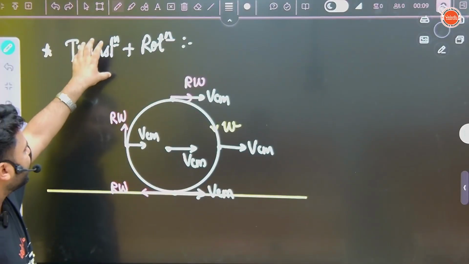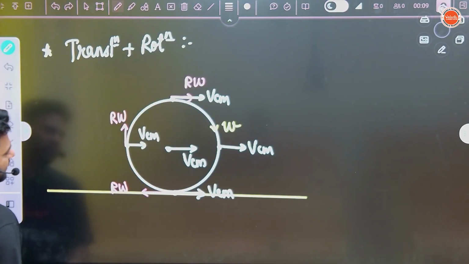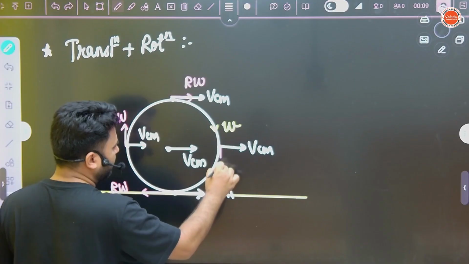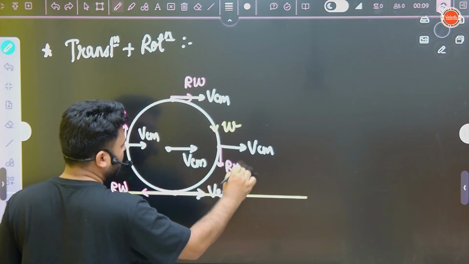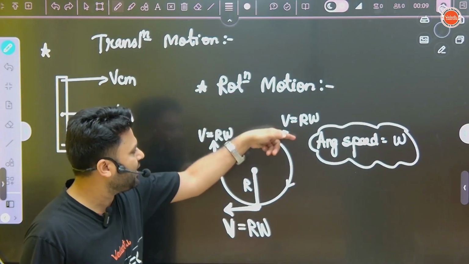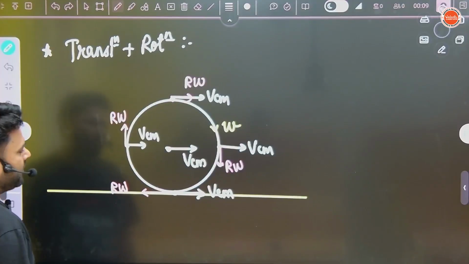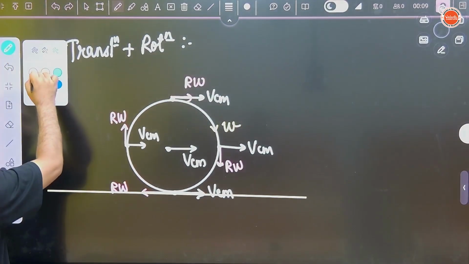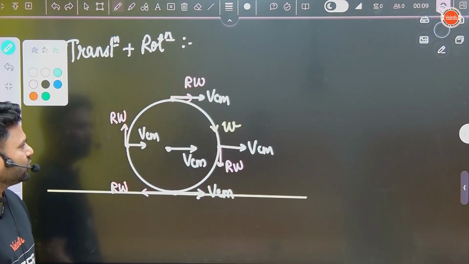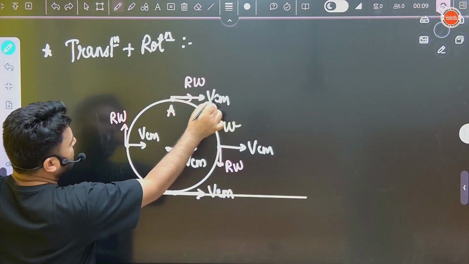But it is doing translation as well as rotation, so due to rotation, r omega will be here, here, here, and similarly here. So if someone asks what is the total speed of point A, you can say r omega plus VCM.